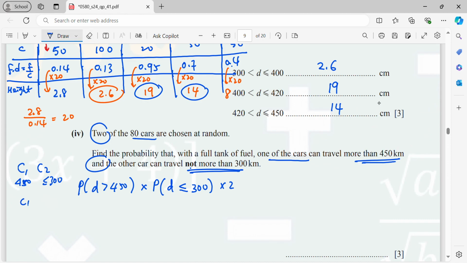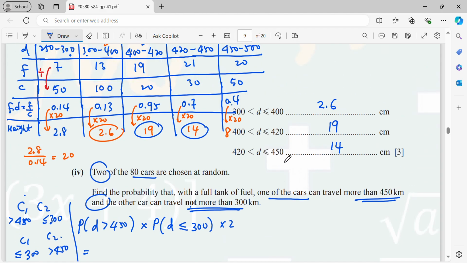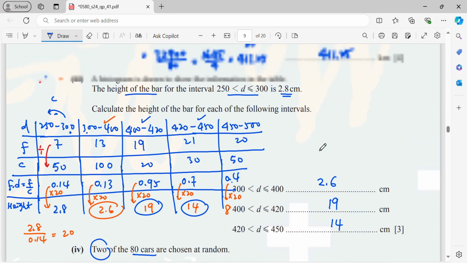Probably car 1 will be less than or equal to 300 and then car 2 will be greater than 450. That's why this times 2 means either car 1 or car 2 travels more than 450.